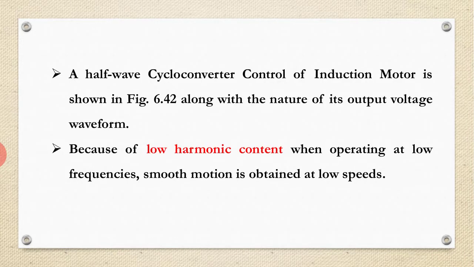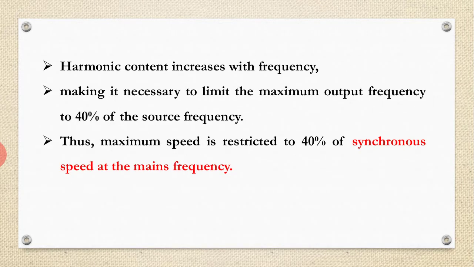There is low harmonic content when operating at low frequencies, and smooth motion is obtained at low speeds. The harmonic content increases with frequency, so it limits the output to 40% of the source frequency.